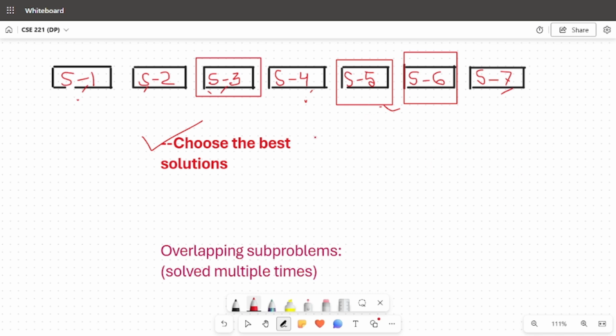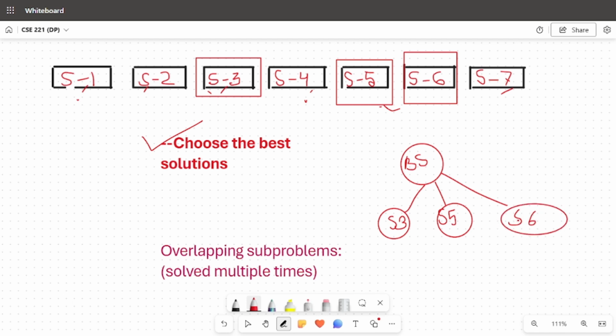Okay, let me give you a picture of it. Suppose this is your best solution, BS. One time you have got S3 and another time you have got S5, and suppose this is your S6. Okay, I have drawn this tree like a picture.